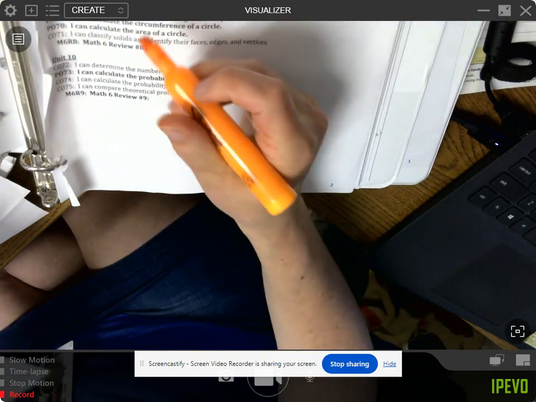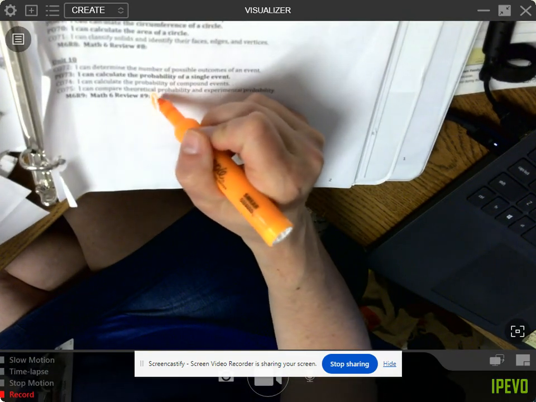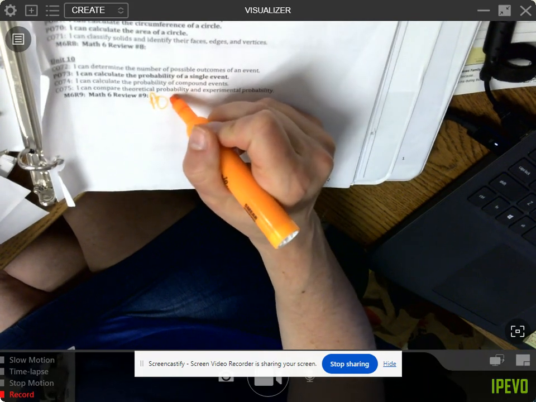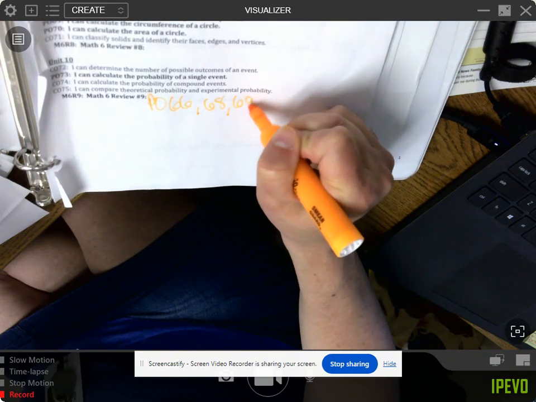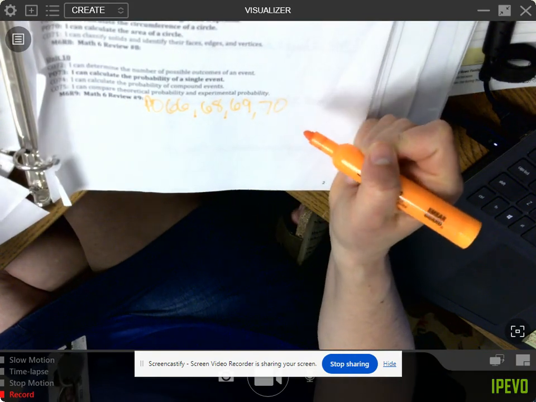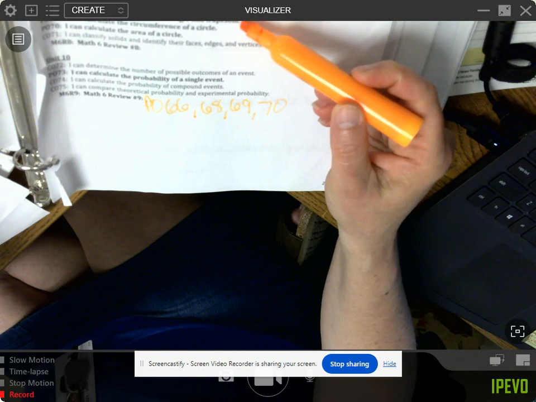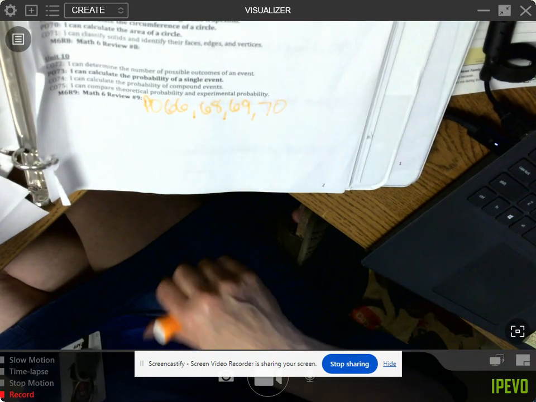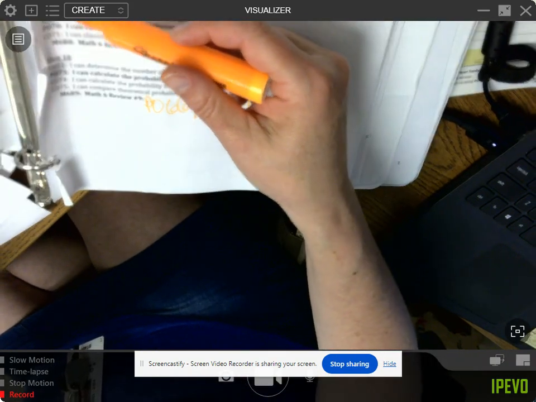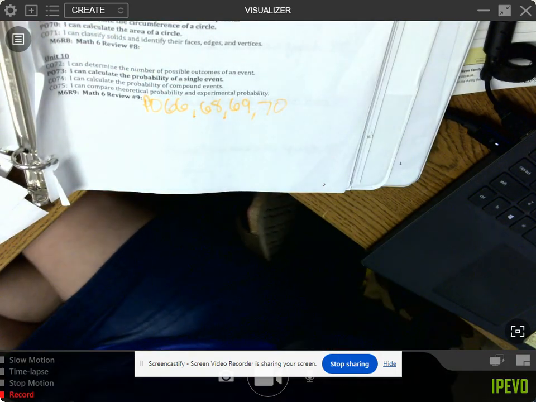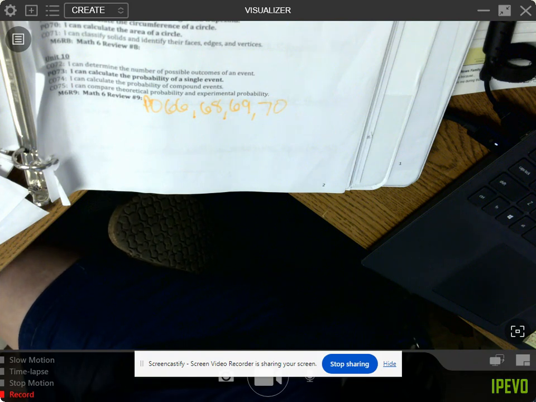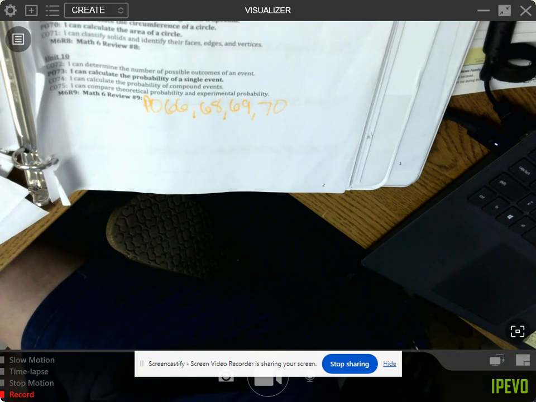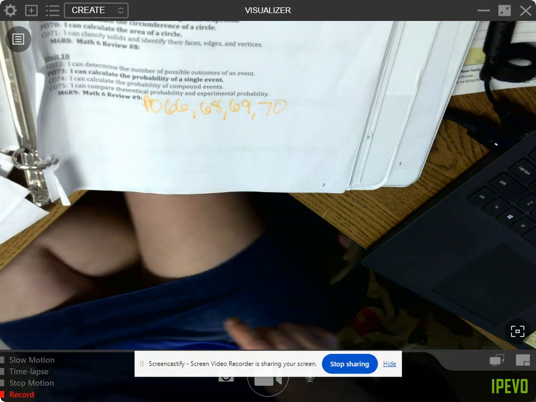So you will need to know, so familiarize yourself with PO 66, 68, 69, and 70. Oh, they are all from our last chapter, our last unit. 66, 68, 69, and 70. So they are a lot closer to what we have just done. So thankfully we don't have to look at binder 1 or 2. They are all from the last unit.